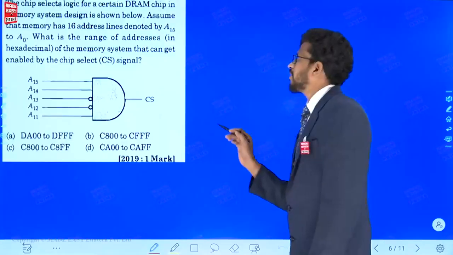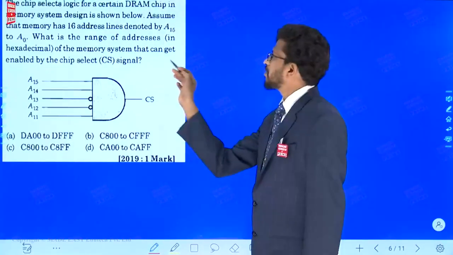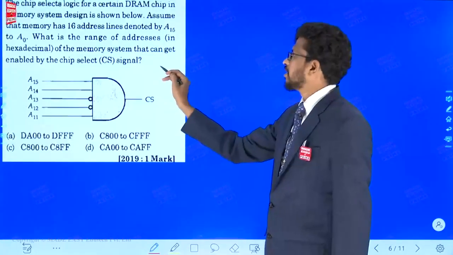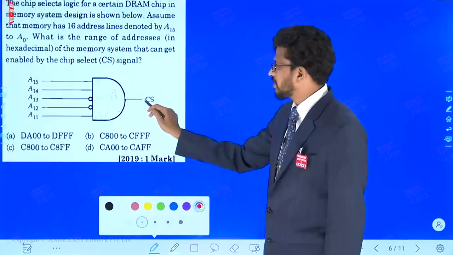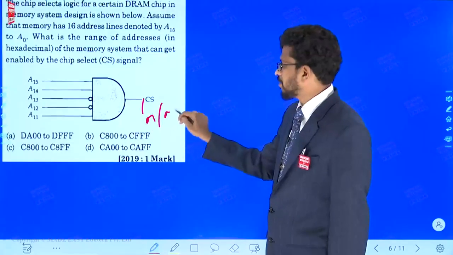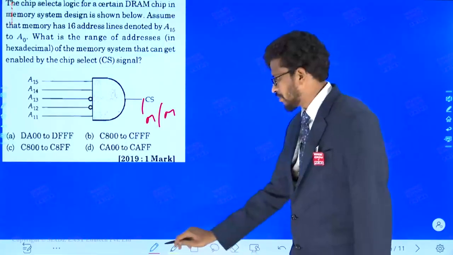What is the range of address, means memory map, in hexadecimal of the memory system that can get enabled by the chip select signal? He is asking for this chip select signal, what is the memory map? Some memory is connected here. He is asking what should be the range of that particular memory chip.